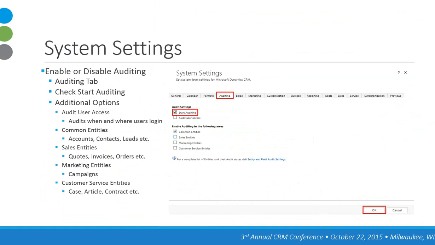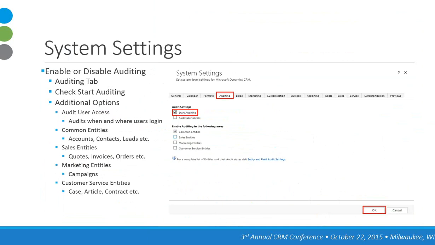has quotes, invoices, and orders that are specific to that sales entity that you can turn on, or the marketing entity where you have campaigns, and then the customer service entities where you have case, articles, and contracts. By default, when you're setting the common entities, so your opportunities, leads, accounts, and contacts are all kind of included in that when you turn it on.